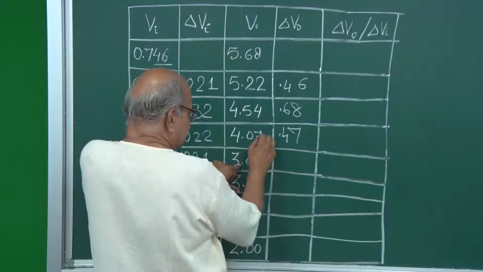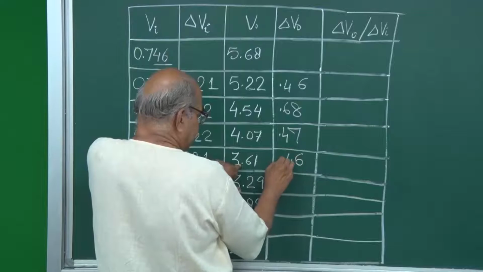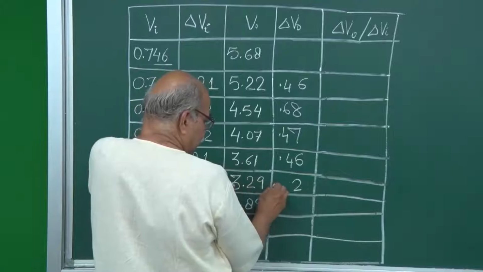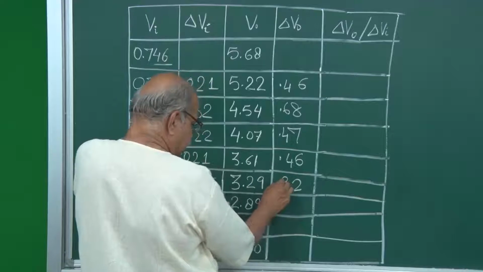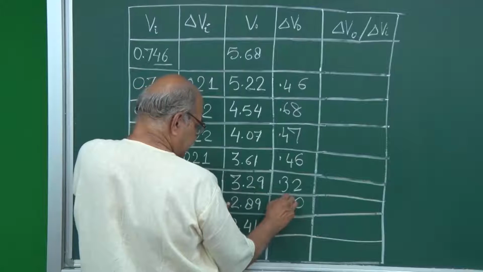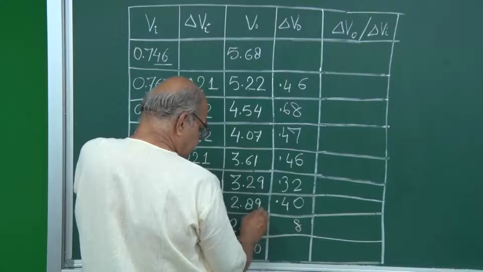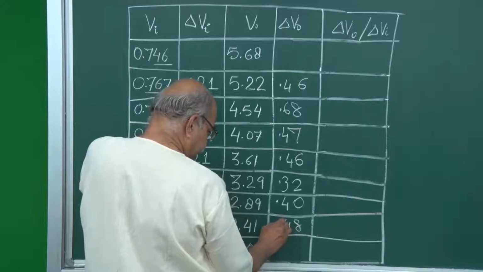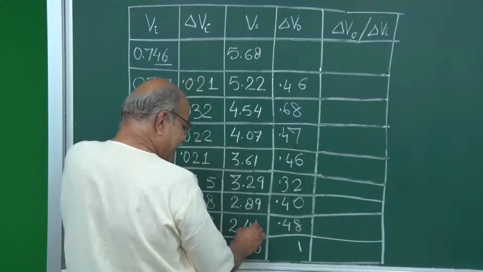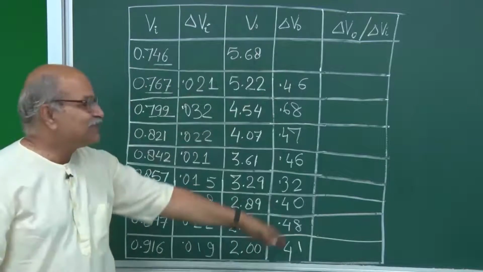Here it is 7 minus 1 is 6 and 10 minus 6 is 4. Then here it is 11 minus 2 is 9 and 5 minus 2 is 3. Then here it is 9 minus 9 is 0 and 12 minus 8 is 4. Then here it is 9 minus 1 is 8 and 8 minus 4 is 4, and then it is 1 minus 0 is 1 and 4 minus 0 is 4. Okay. So this is delta VO.